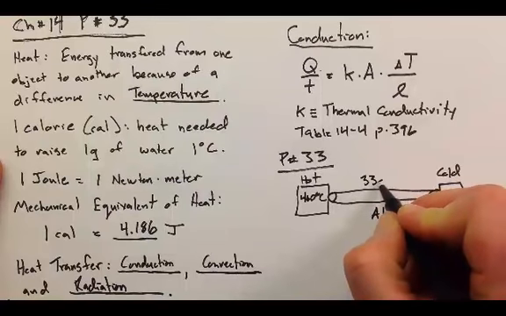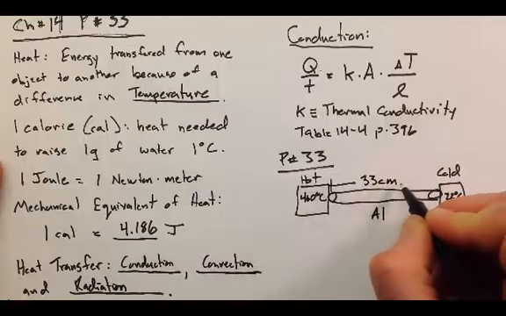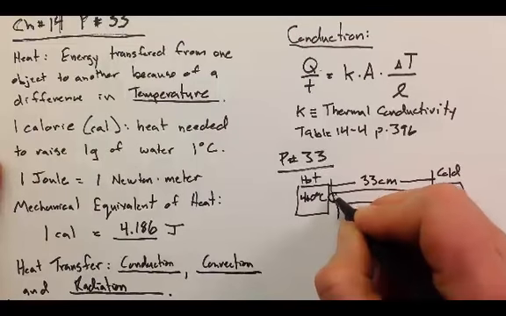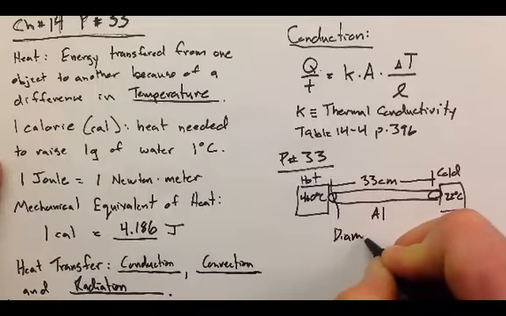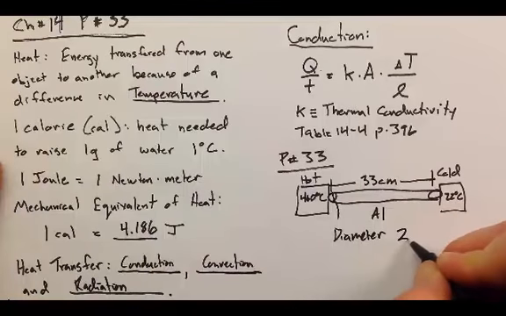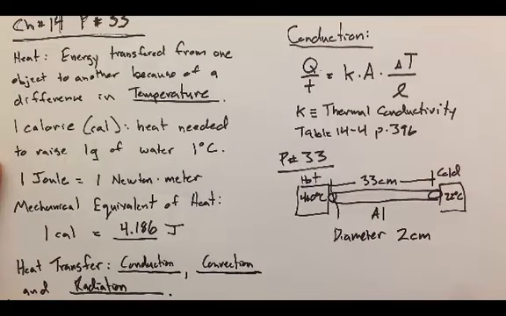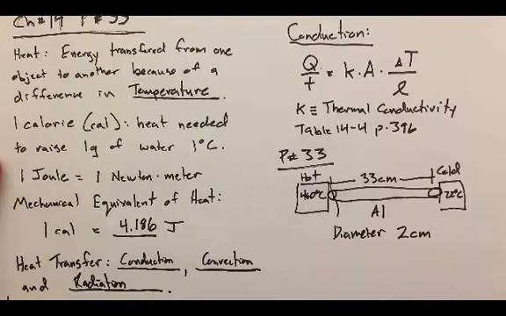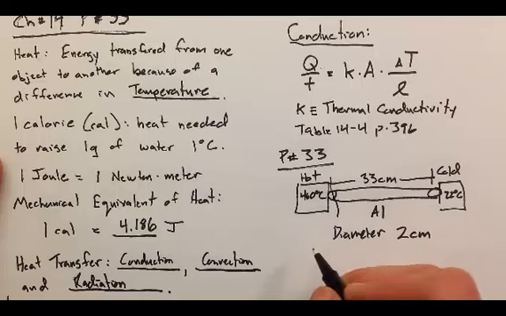The rod is 33 centimeters long, and it has a diameter of 2 centimeters. That's all we need to know. So the question gives us that information, then asks us to find the rate at which heat is being transferred between these objects here.